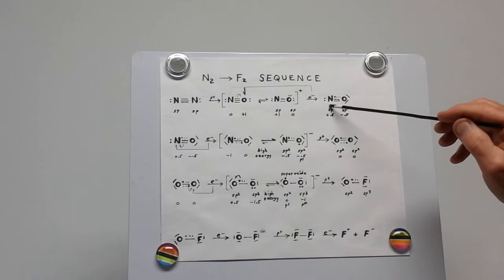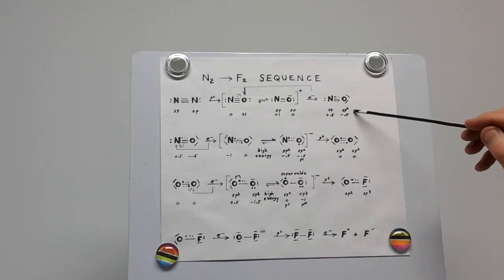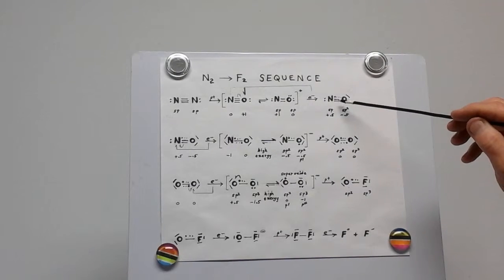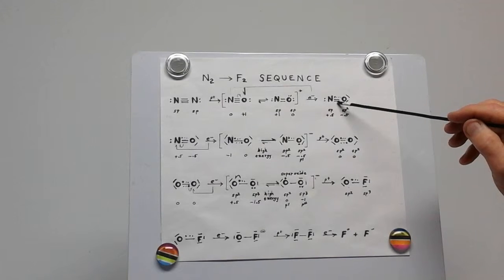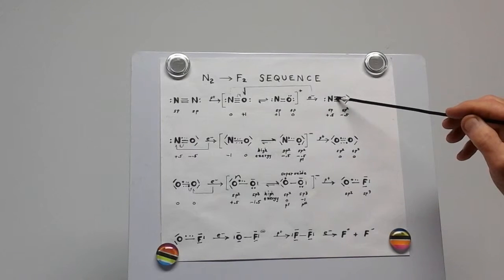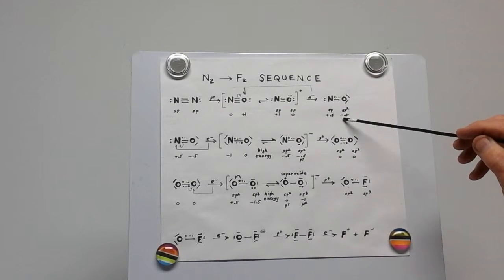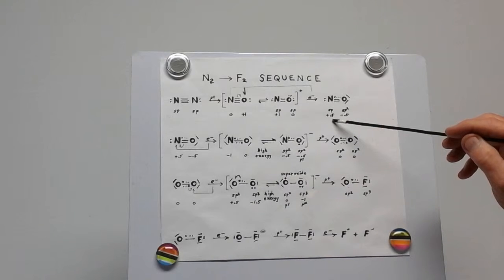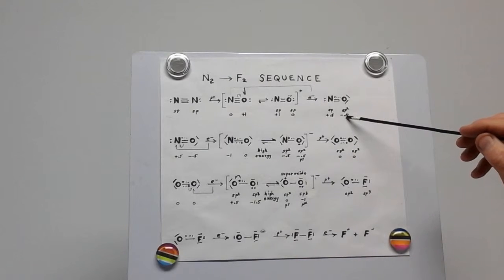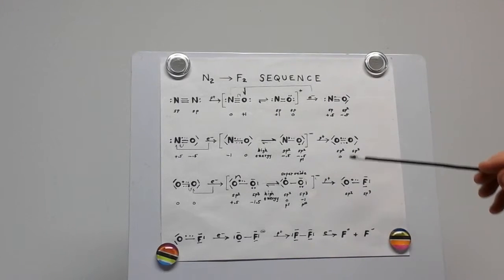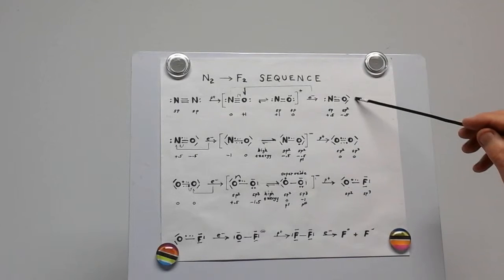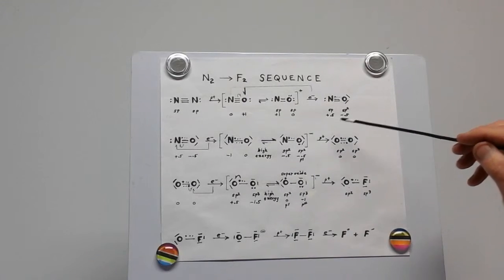But anyhow, this would be NO, sp hybridized, sp2 hybridized, a sigma bond, a pi bond, a traditional pi bond, and a 1 electron p orbital moved into the pi region. At this point, you can see that the nitrogen would be plus 0.5, the oxygen minus 0.5. So this would be the NO.